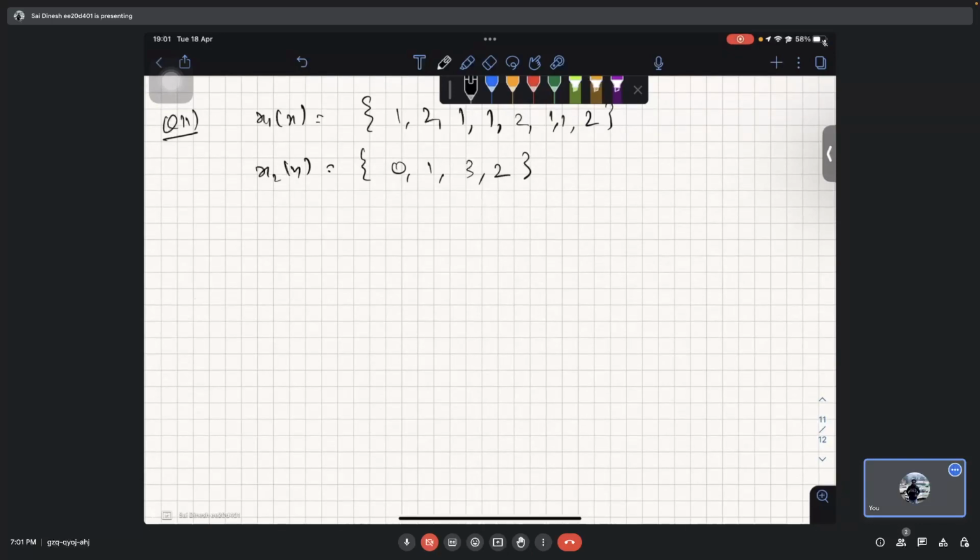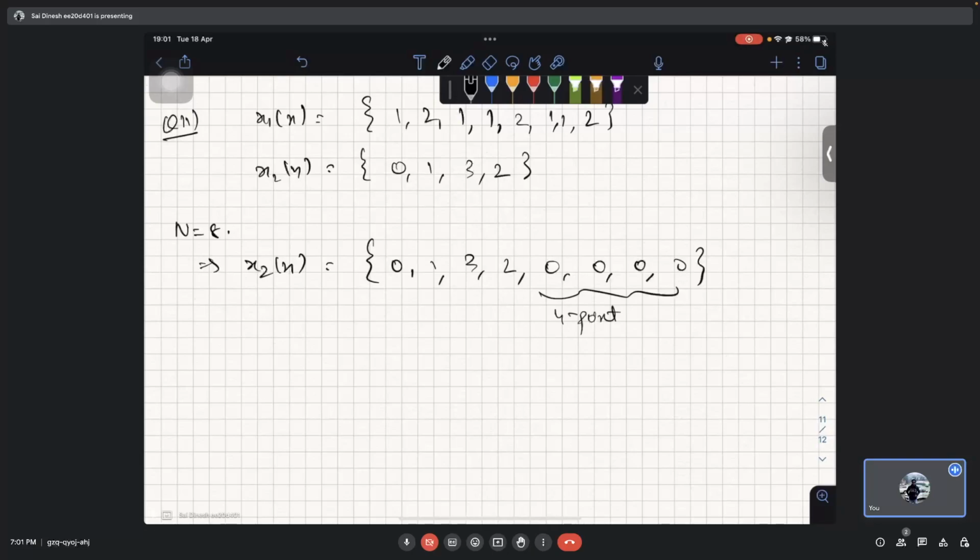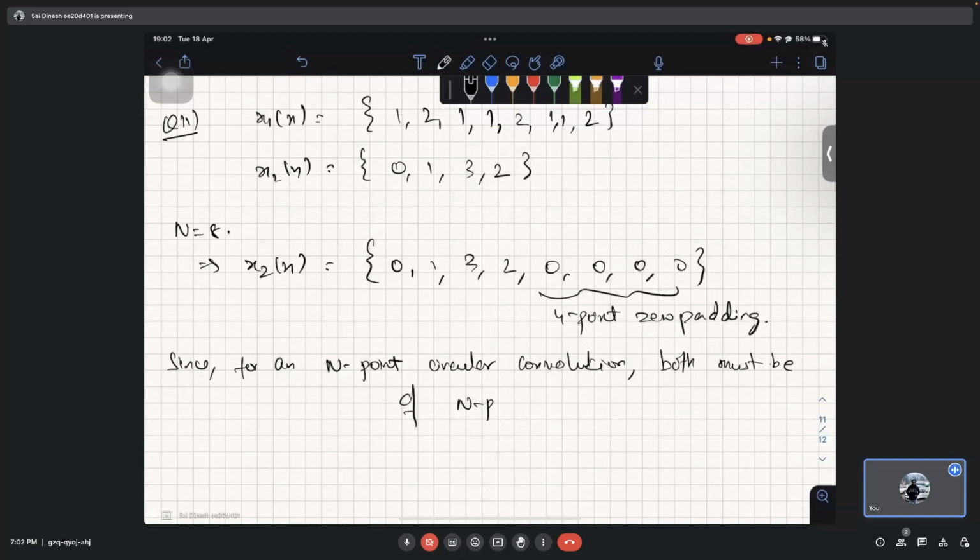Saying N equal to 8, meaning x2 is 0 1 3 2 0 0 0 0 by zero padding, since for an N point circular convolution, both must be N point signals.